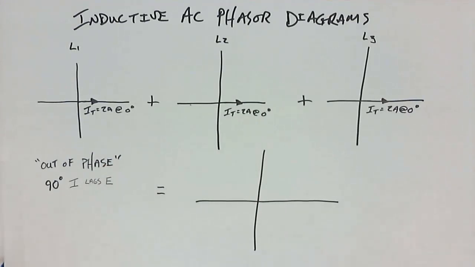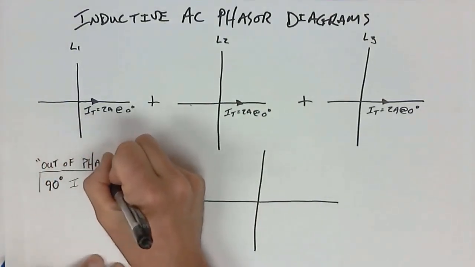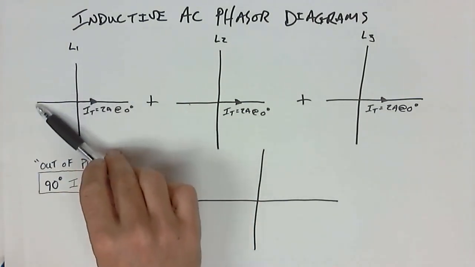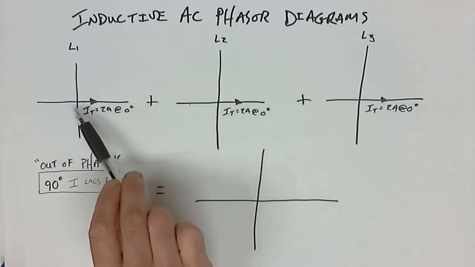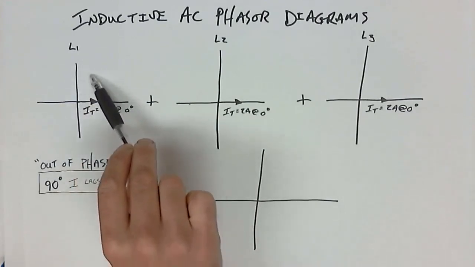So if the current lags the voltage, I'm going to put a little box around that because that's pretty important stuff there. 90 degrees, I lags E. I, representing current, lags E, voltage. If we want the current to lag the voltage, we then need to know what direction time represents on this diagram, right? And so the direction in which these arrows are moving is actually counterclockwise.